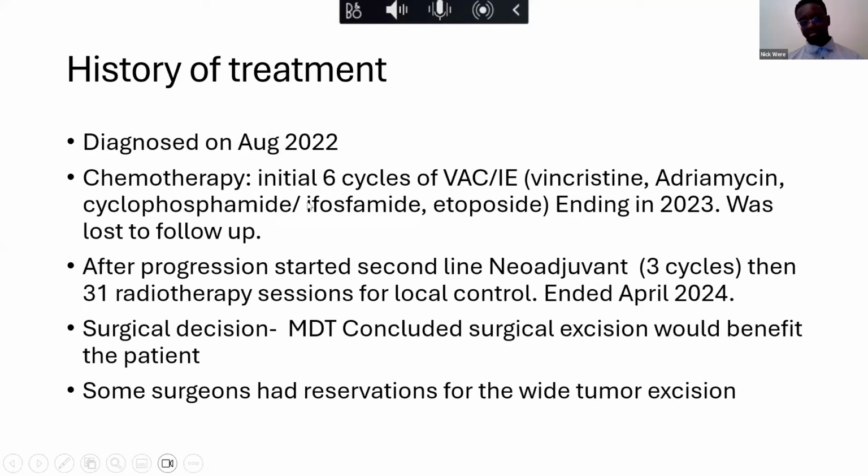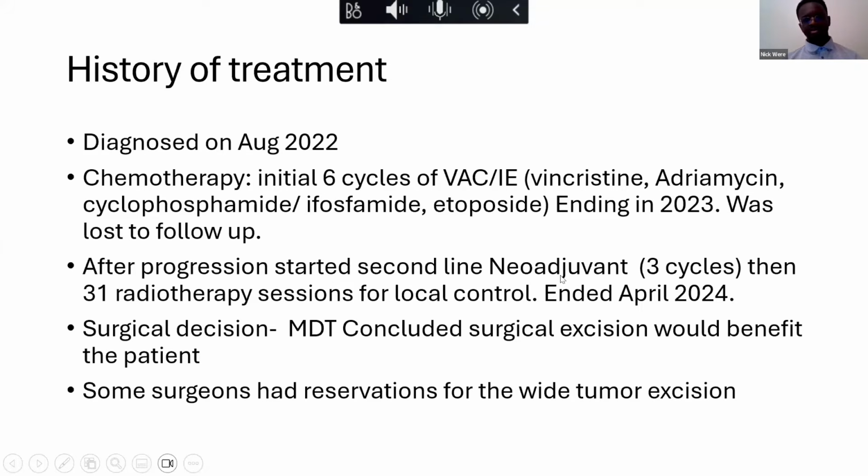So looking at the history of treatment, he was diagnosed in August 2022. Thereafter he was put on six cycles of chemotherapy, ending 2023. He was lost to follow-up due to one reason or another. He didn't present to the clinic, and when he did, there was a decision to give him 3 more cycles of chemo, then 31 cycles of radiotherapy.